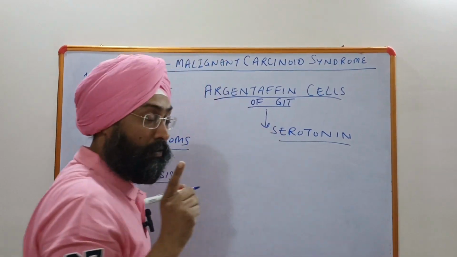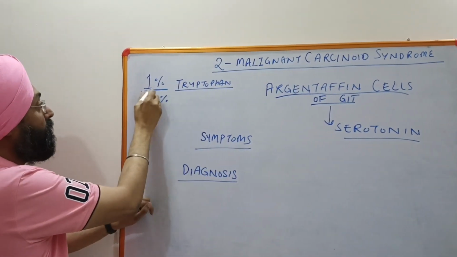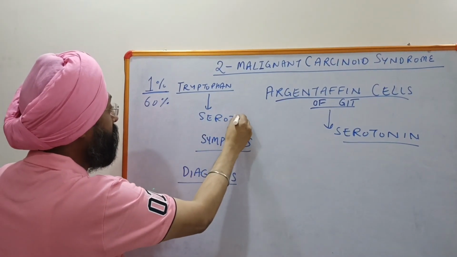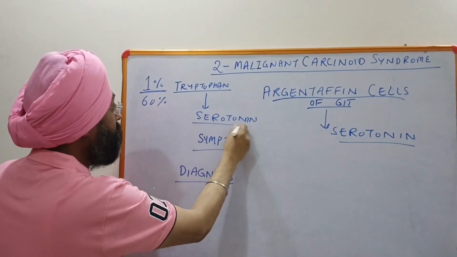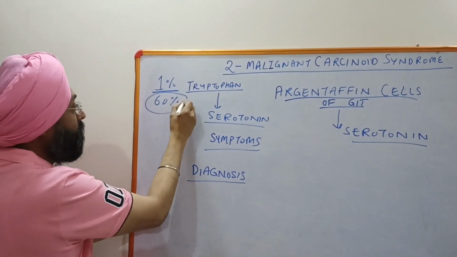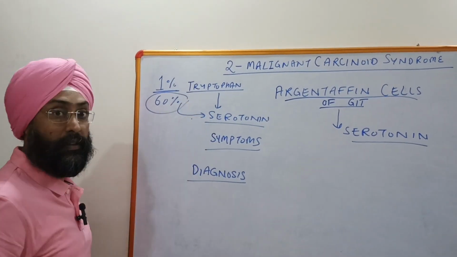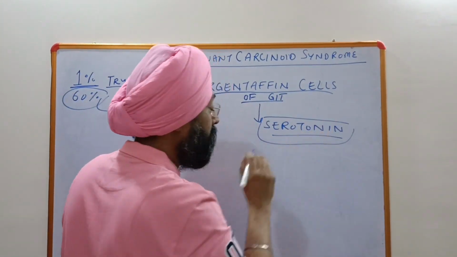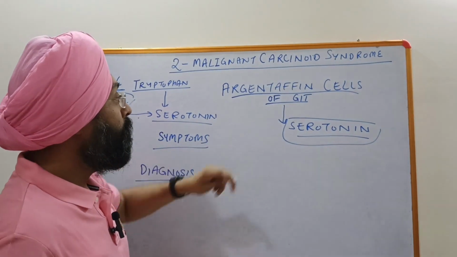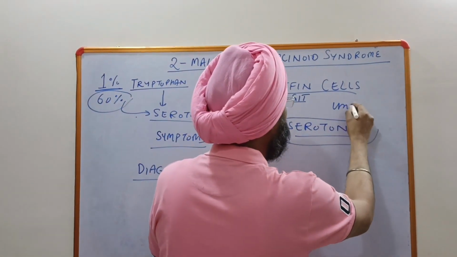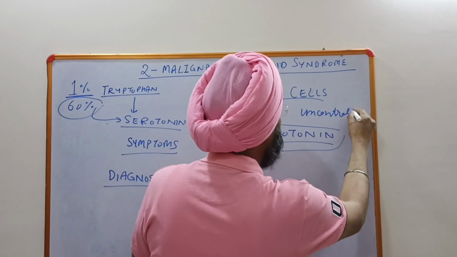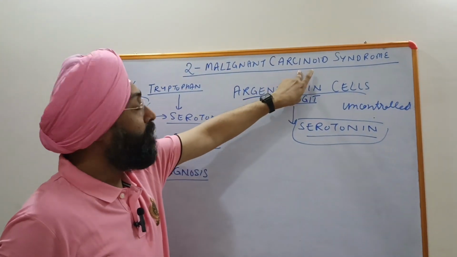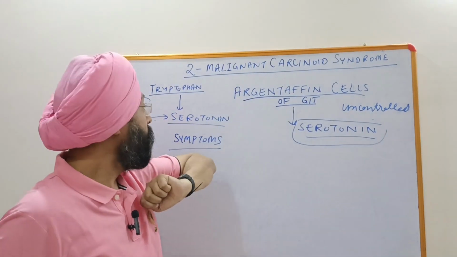Normally there is 1% conversion of tryptophan to serotonin, but in this disorder, there is 60% conversion of tryptophan to serotonin, and due to uncontrolled growth of these cells, this is known as carcinoid syndrome or malignant carcinoid syndrome, right?